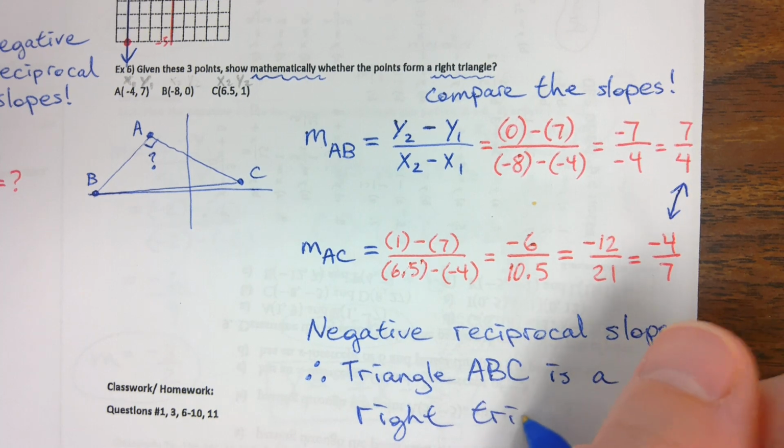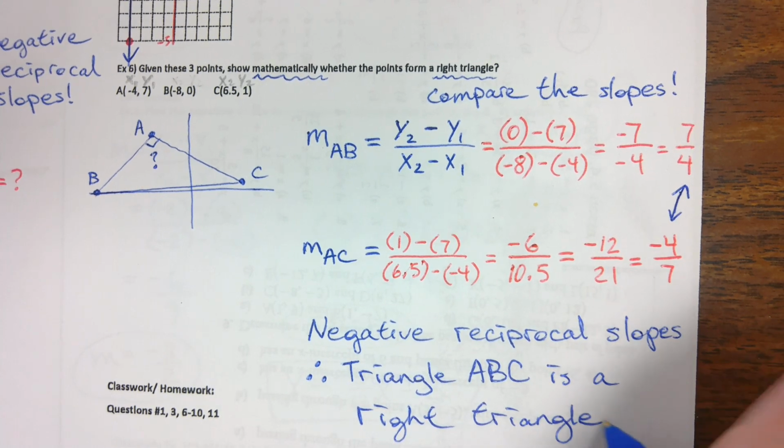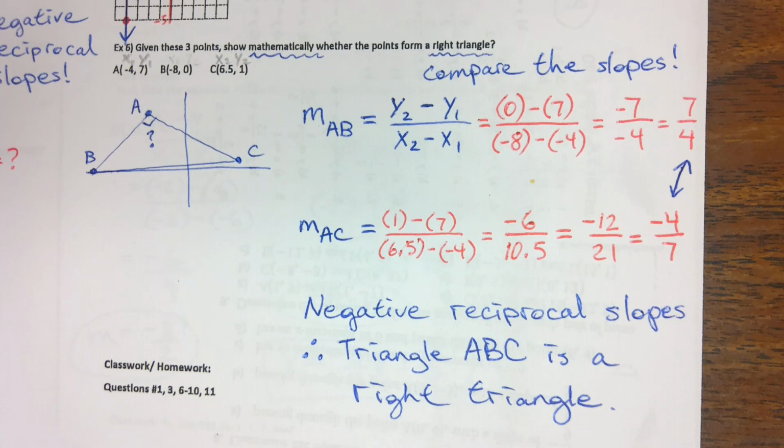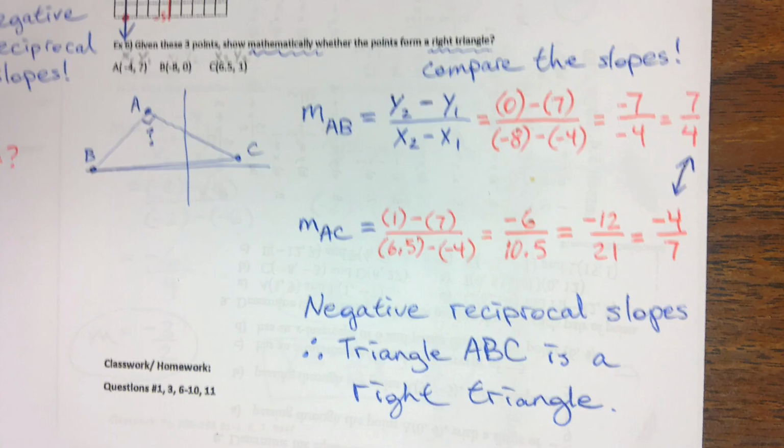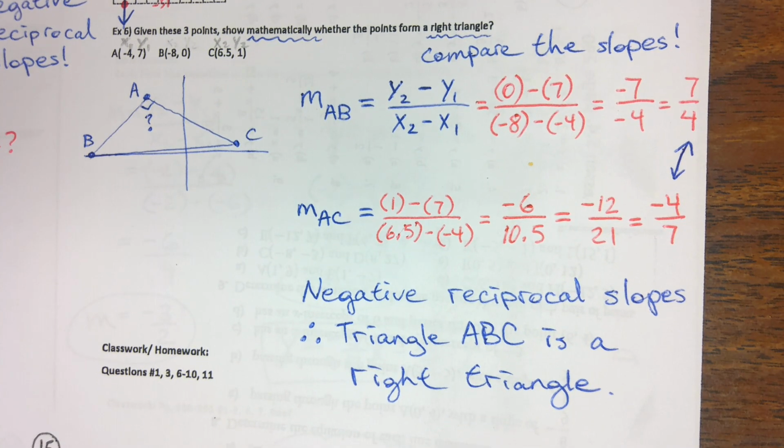Or you could say something like, points A, B, C do form a right angle triangle.